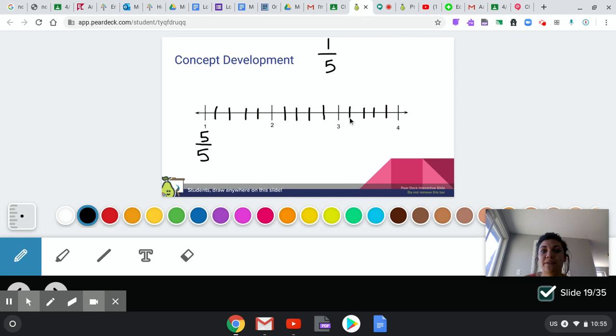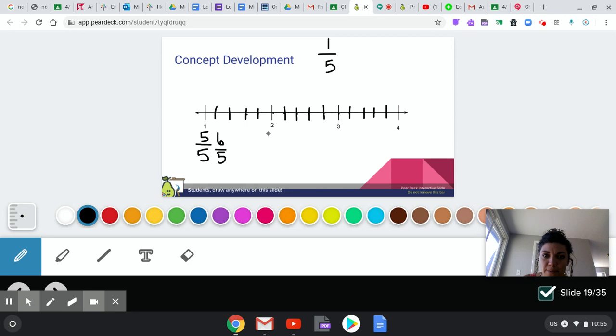So if I'm starting with 5/5, my denominator, the bottom number, is going to stay the same, and my numerator is going to go up by 1 every time. So this was 5/5. Now this would be 6/5. So this would be 7/5, 8/5, 9/5, 10/5, 11/5, 12/5, 13/5, 14/5, 15/5, 16/5, 17/5, 18/5, 19/5, 20/5.